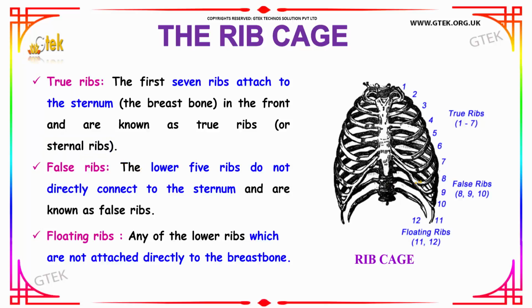The lower 5 ribs that do not directly connect to the sternum are known as your false ribs. They are not directly connected, hence they are known as false ribs. The lower ribs, which are not attached directly to the breastbone, are known as the floating ribs. Here, 11 and 12 are known as the floating ribs.